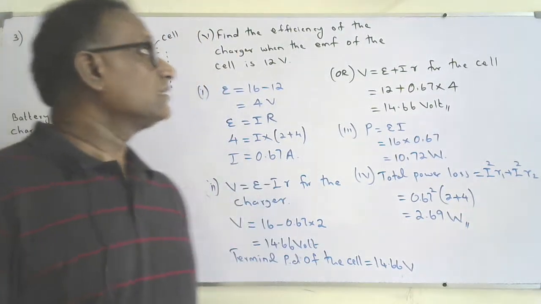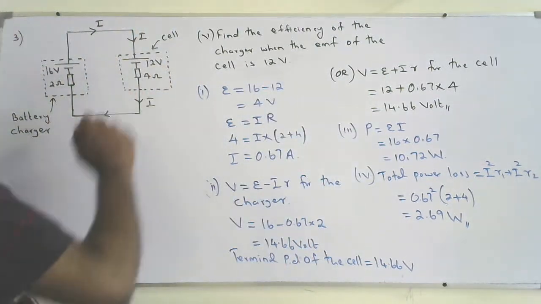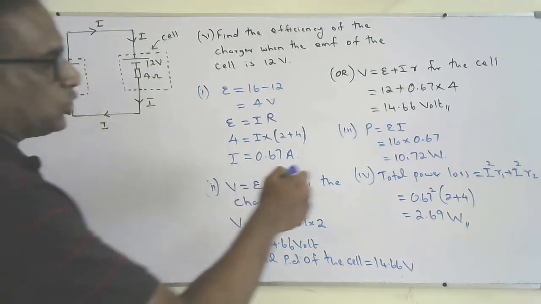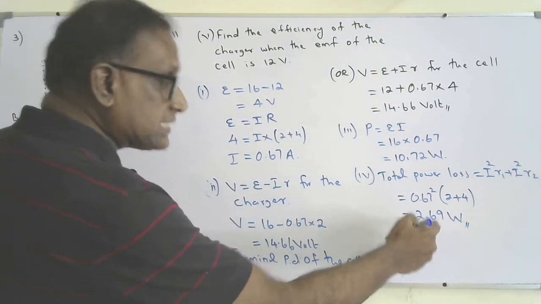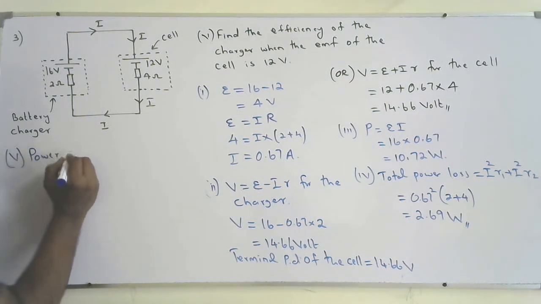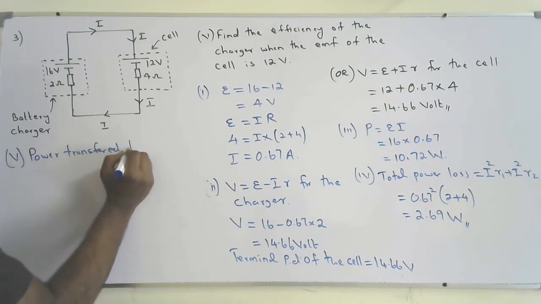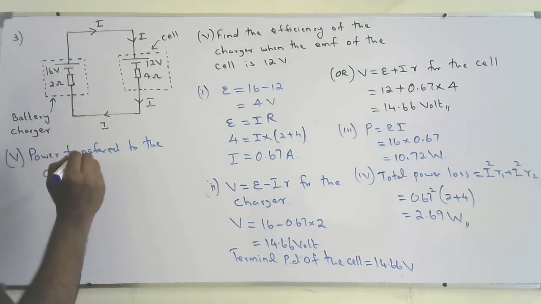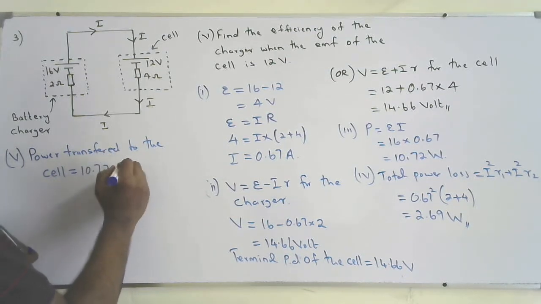So the last part, find the efficiency of the charger when the EMF of the cell is 12 volt. So for efficiency, I know the total power generated, I know the total power wasted. So the power transferred to the cell will be the total power generated minus the power wastage.